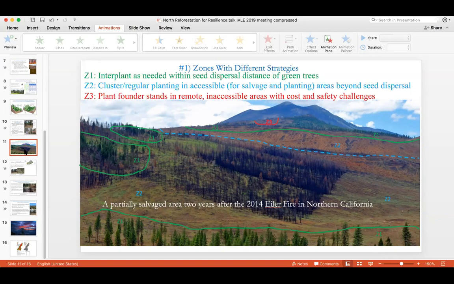But if perhaps a plan development calls for planting half of a project area in one year and half in another area, that may allow for some flexibility given the unpredictability of what next year's precip is going to look like, or what two years of precip is going to look like. And so that's something we've been thinking about. Obviously there are challenges with it, but maybe something to keep in mind.